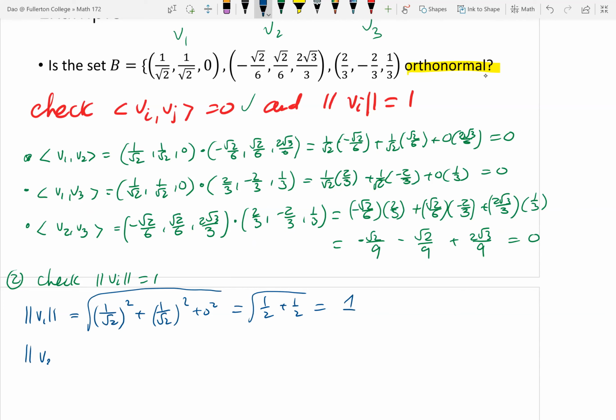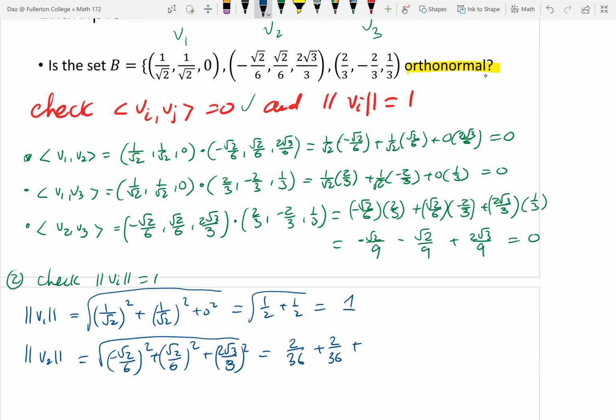Magnitude of v2, which is negative rad 2 over 6 squared plus rad 2 over 6 squared plus 2 rad 3 over 3 squared. So you get 2 over 36 plus 2 over 36 plus 4 times 3 over 9, so 12 over 9.